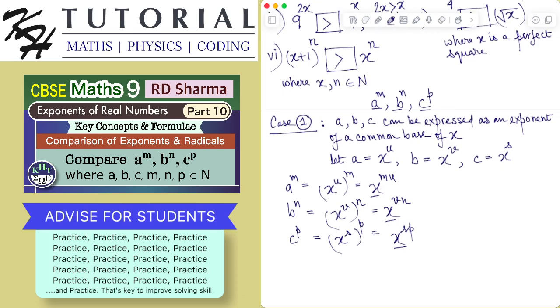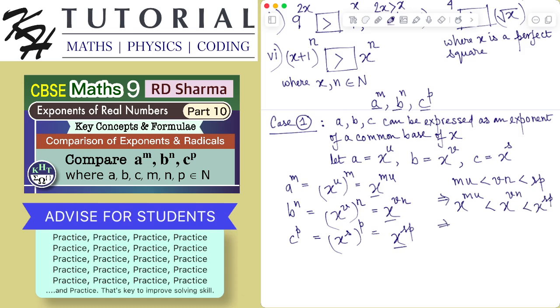So now we can say that if m is less than n is less than p, this will imply that obviously x to the power m will be less than x to the power n will be less than x to the power p.